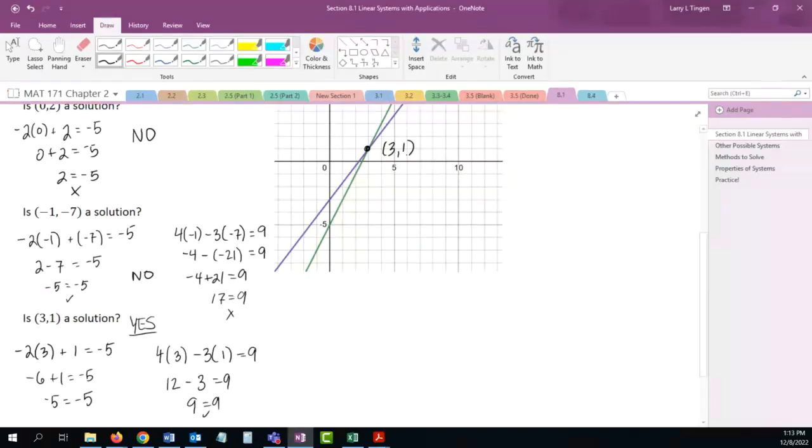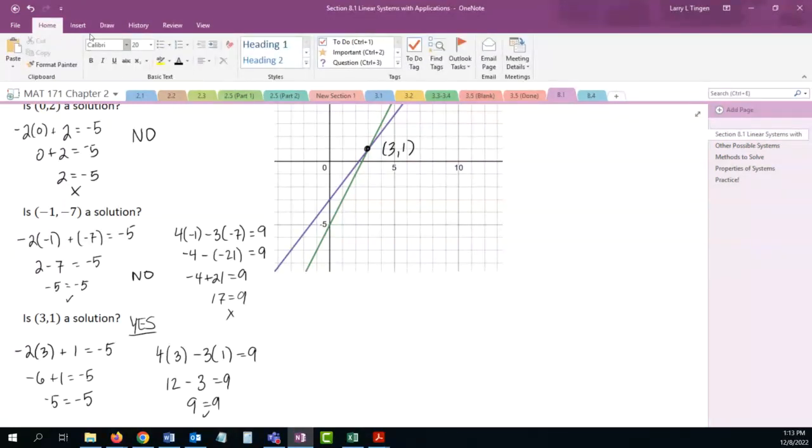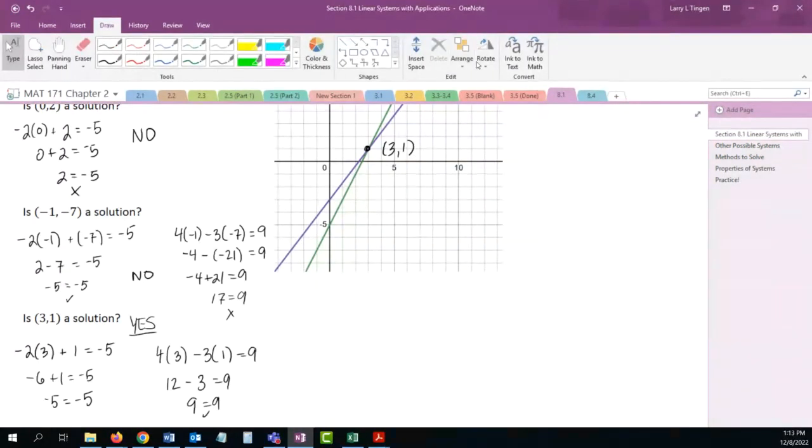All right. Now, I did want to make a note here to remind you that when I get to systems of equations, a solution is always an ordered pair or triplet. If you have 3 variables, it'd be an ordered triplet, and you can just keep working your way up.